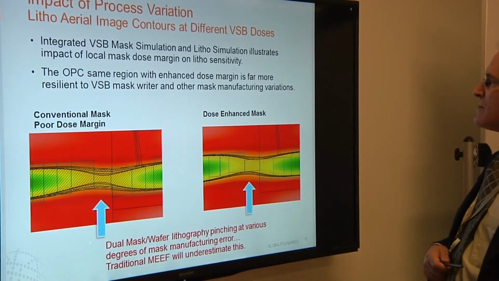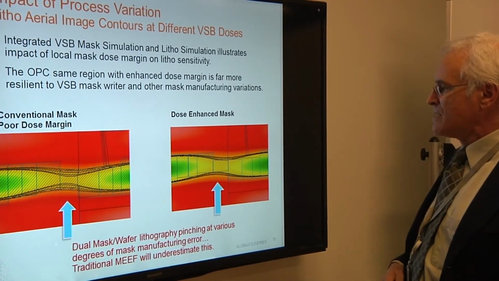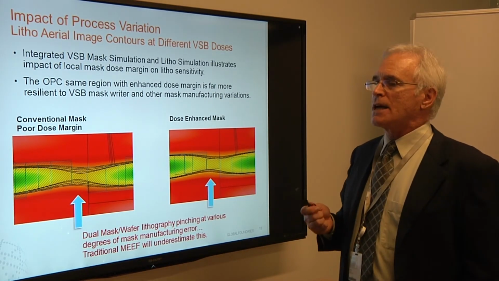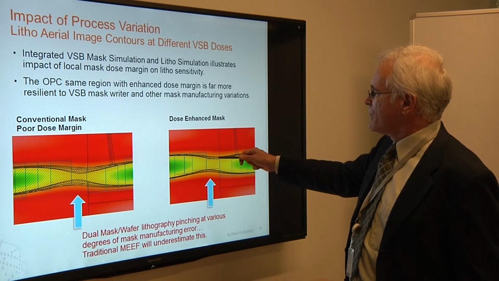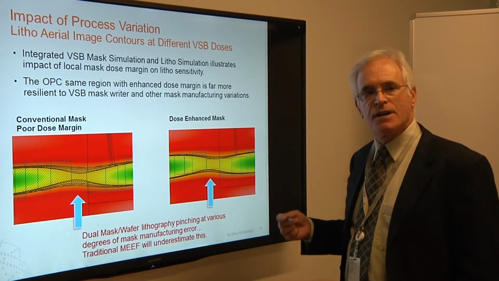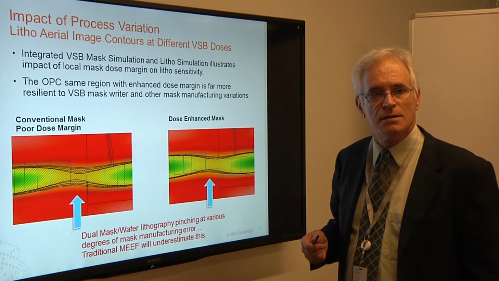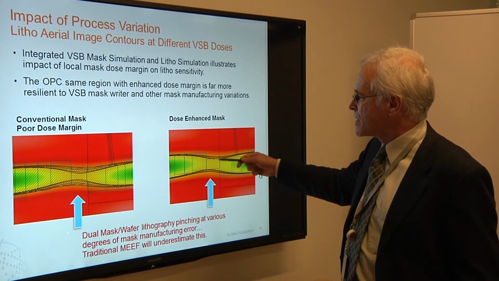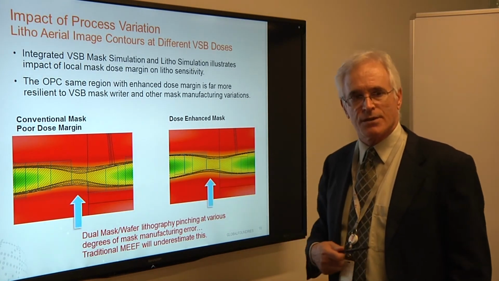It's very, very sensitive. With a dose-enhanced mask, you have far less variability. What does that mean? By adding extra E-beam dose energy in the small regions such as this, we have much less variability to any kind of variations in the mask process. That has the consequence of reducing your lithographic variability very significantly as compared to the conventional case.